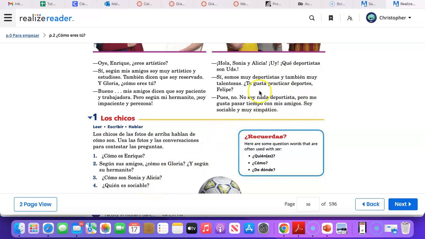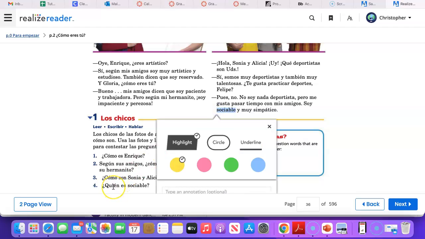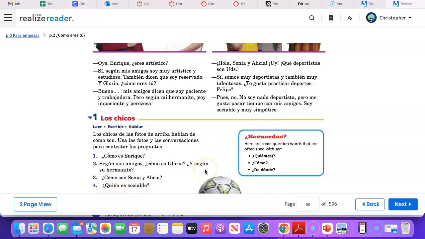Who is sociable? So this question is directed to Felipe. ¿Te gusta practicar deportes, Felipe? He says, no, I'm not sporty at all. No soy nada deportista. But he likes to spend time with his friends. Soy sociable y muy simpático. So ¿quién is asking who? Who is sociable? And the answer would be Felipe.